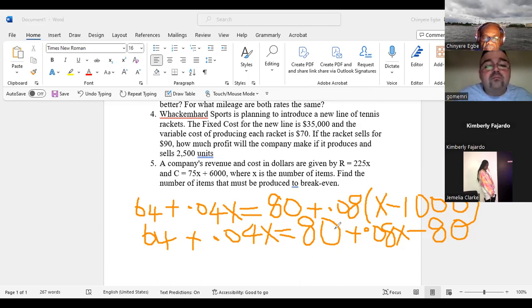So now we have the equation set up here. So 80 minus 80 gives you what? 0, right? So this 80 will cross out the other 80. It does not always have to be so, but here we're just lucky that 80 cancels out 80.